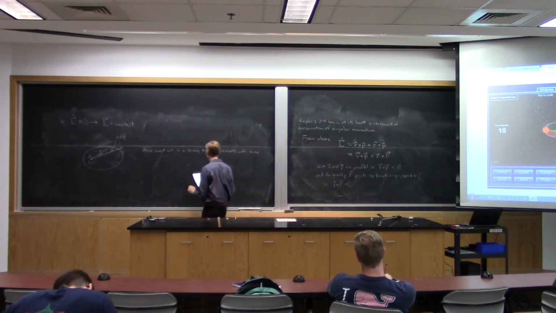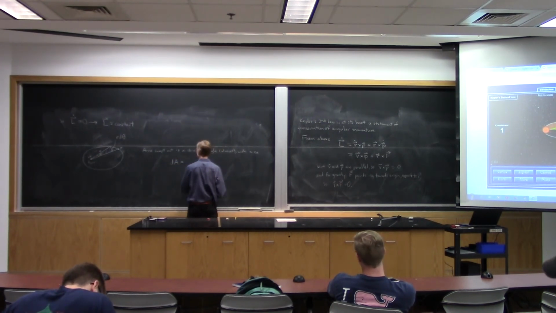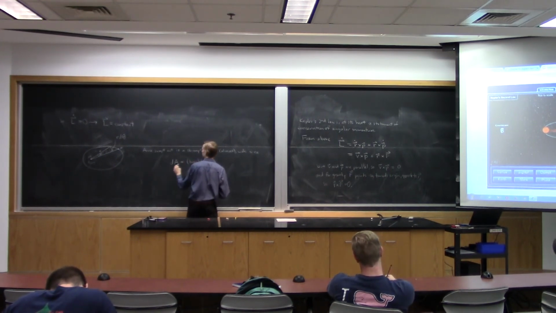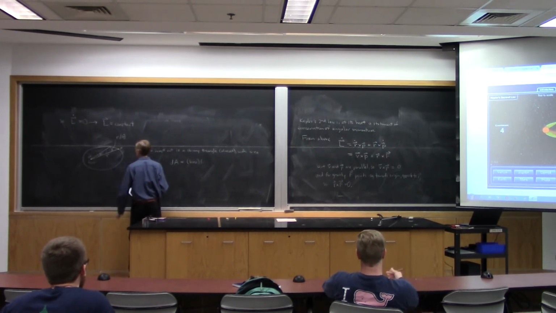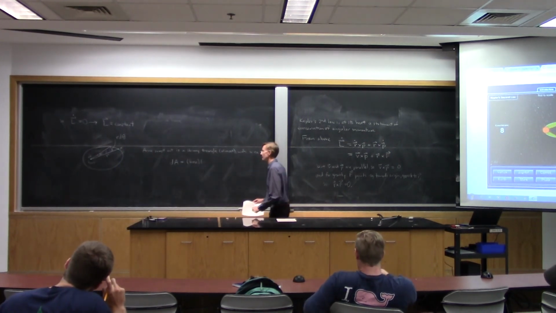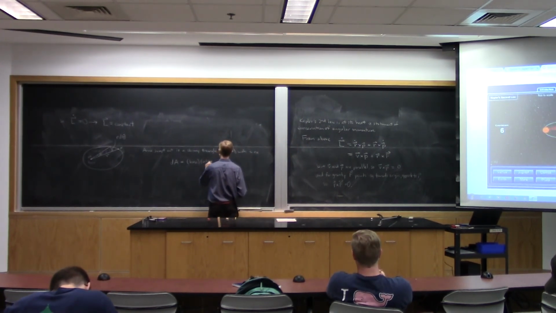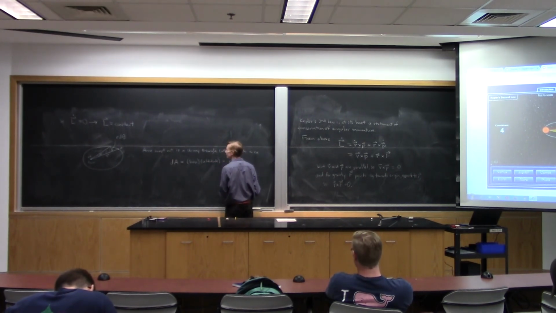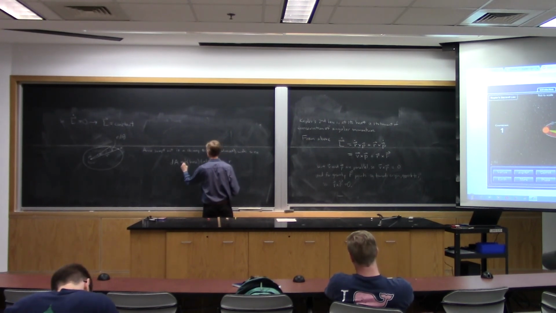The area, we'll call that dA, because it's a little differential element of area, equals base times altitude. Well, the area of a triangle is half of the base times the altitude.